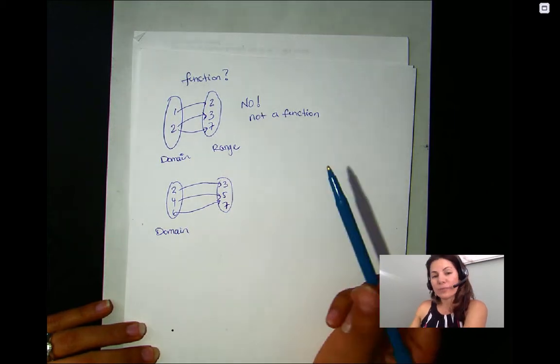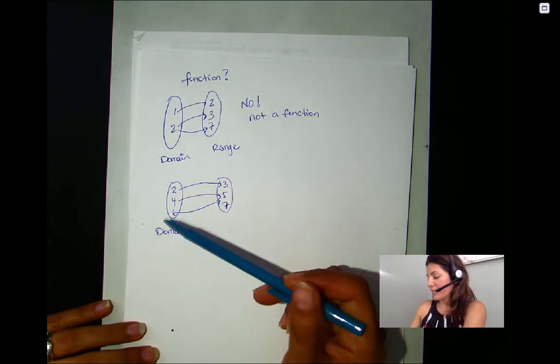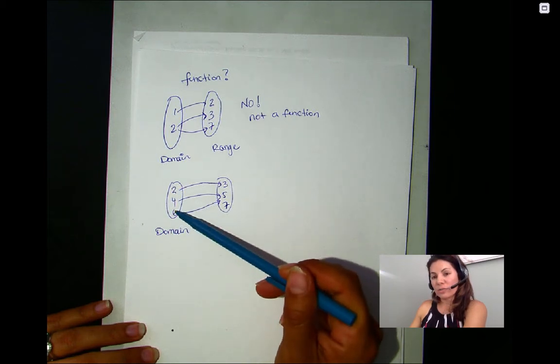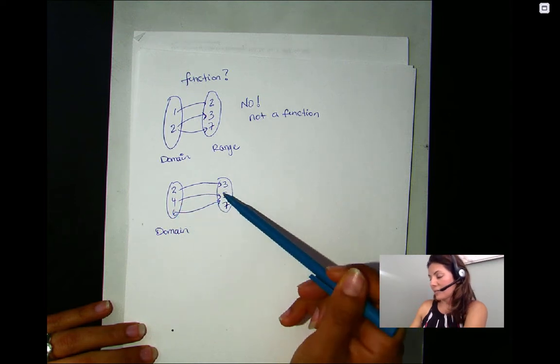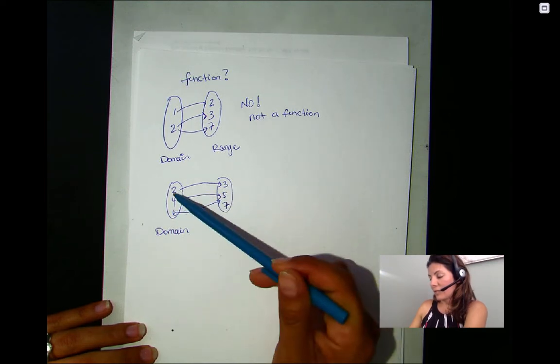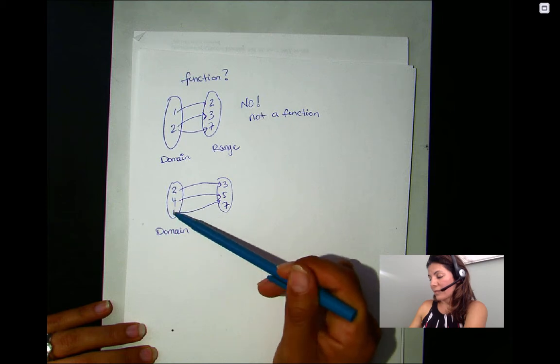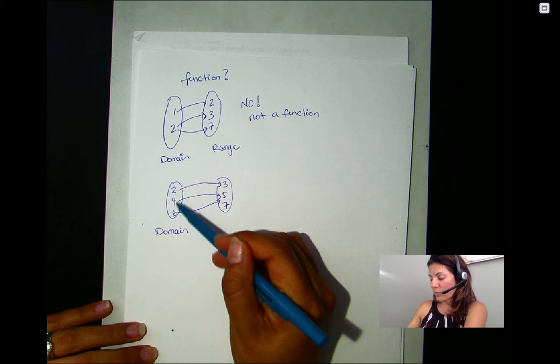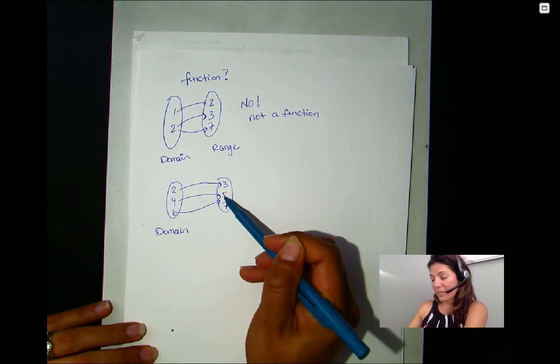In this case, the question is, does everything in the domain go directly to exactly one value in the range? And yes, each single item in the domain goes to one value in the range. The 2 domain values go to a single one, but that's okay.